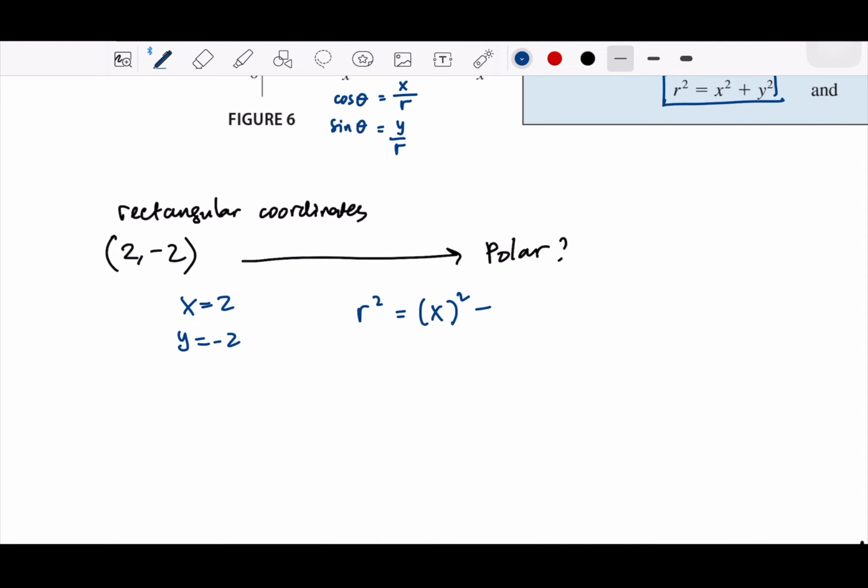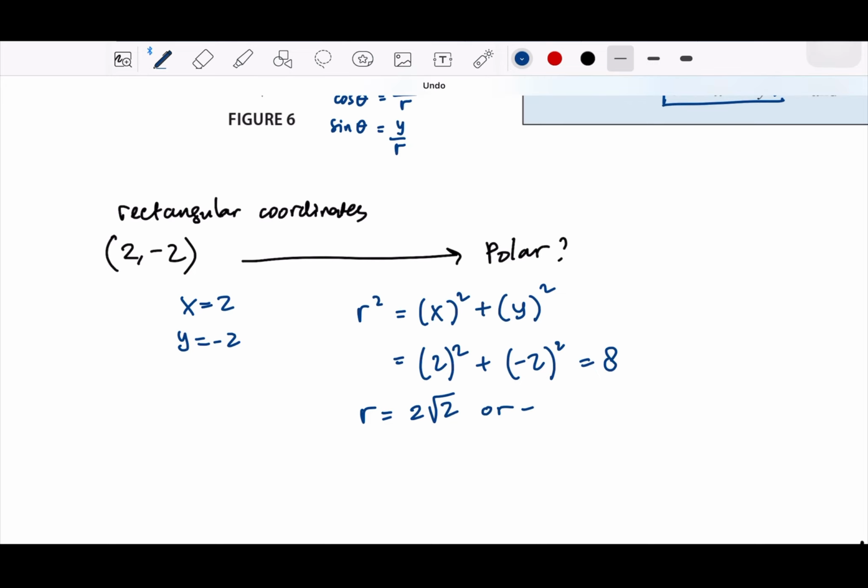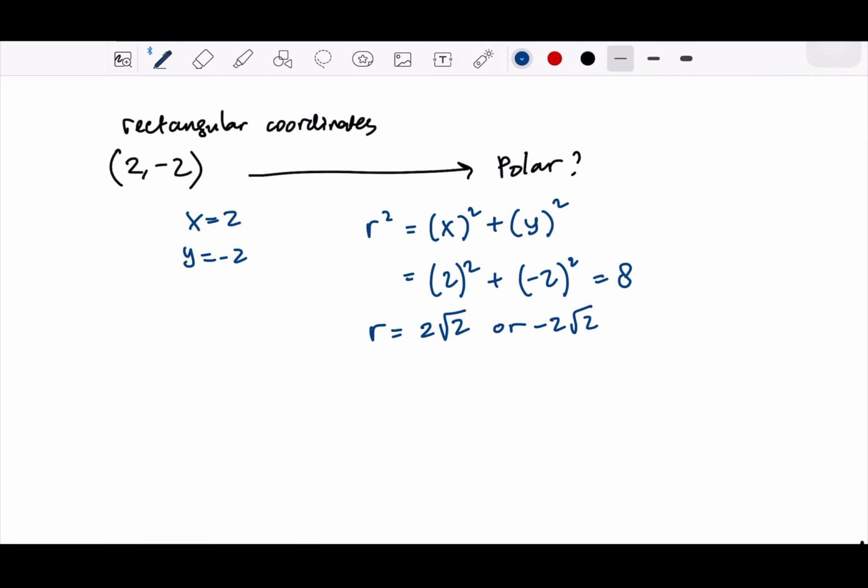Let me write all the formulas for this one. So we have 8. So we could get r is 2 square root of 2, or -2 square root of 2. Remember, we might have a negative radius in polar, okay? And then tangent theta is -2 over 2, or -1.